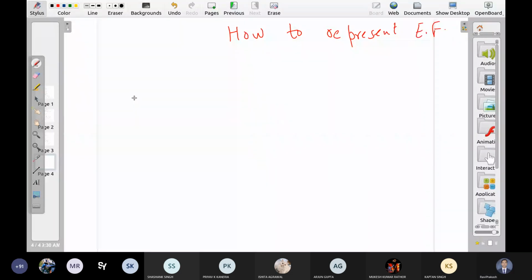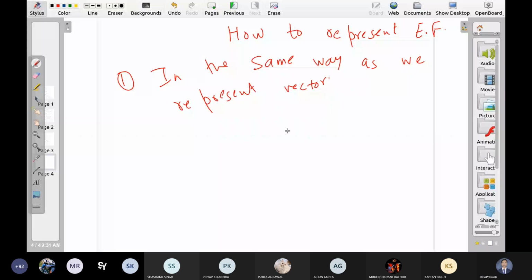One answer is in the same way as we represent a vector. How do we represent a vector? Like this. What is the meaning of this length? Magnitude. What is the meaning of this tip?